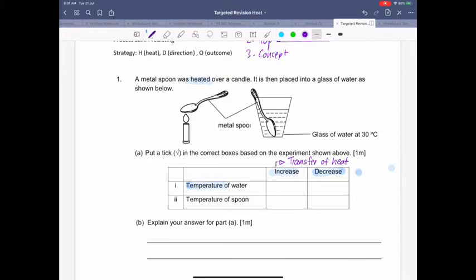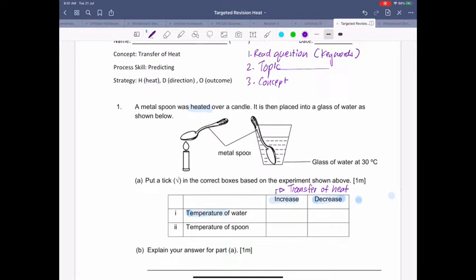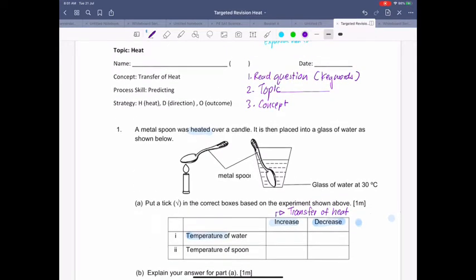Based on this fact, I know that what I'm looking at potentially, for the concept, would be transfer of heat. And the process skill they are testing me on is predicting.